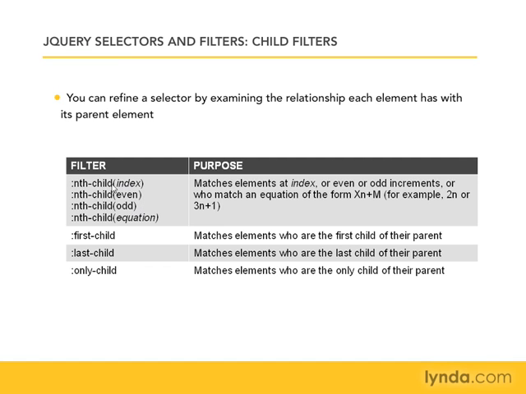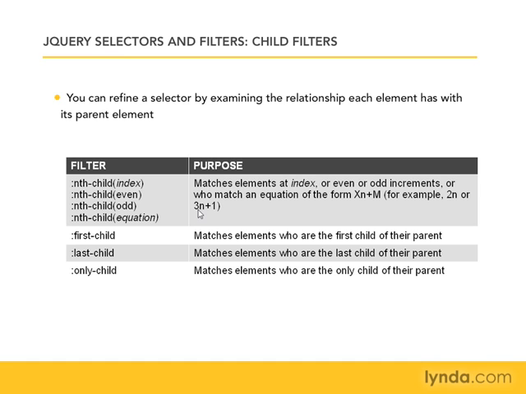The nth child, where you give it an index, will match all elements that are at that index inside the parent. And then the last one, which is pretty powerful, is the equation. You can actually give nth child an equation of the form xn plus m, and m is optional, obviously. So for example, you could say 2n for every second one, or you could say 3n plus 1, and then n will start counting at 0, and it'll count 0, 1, 2, and so on.